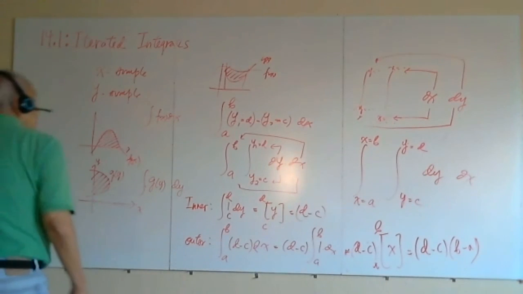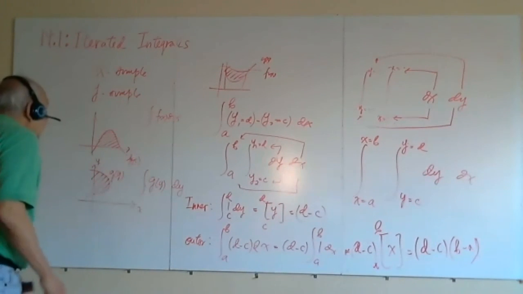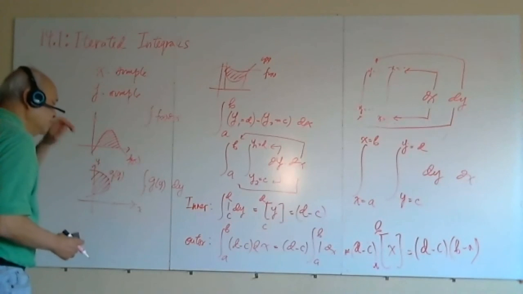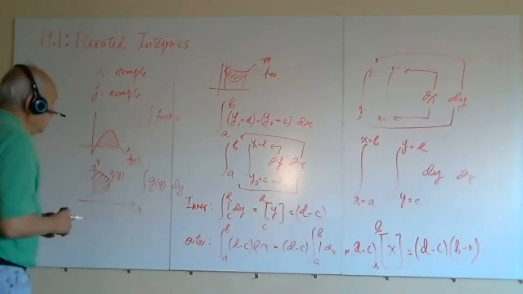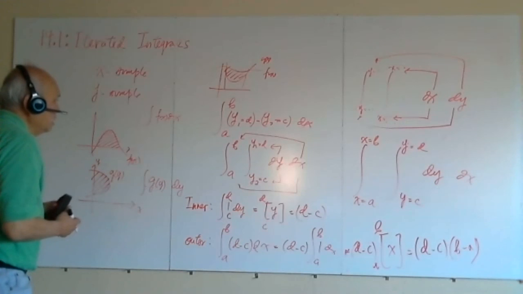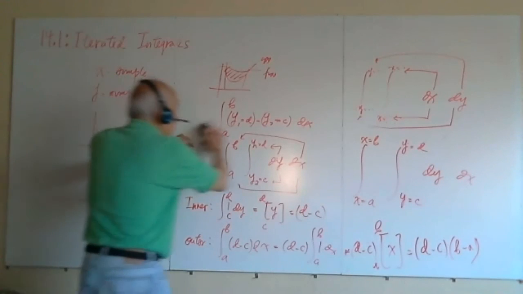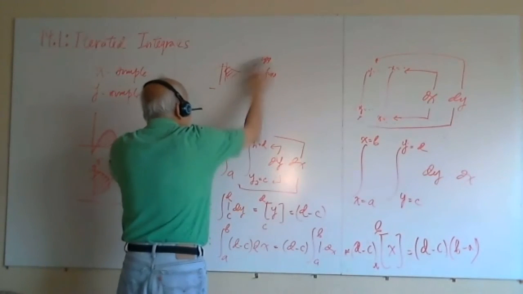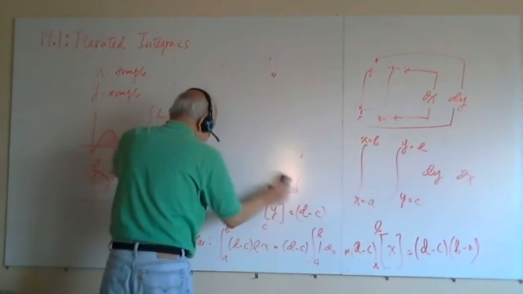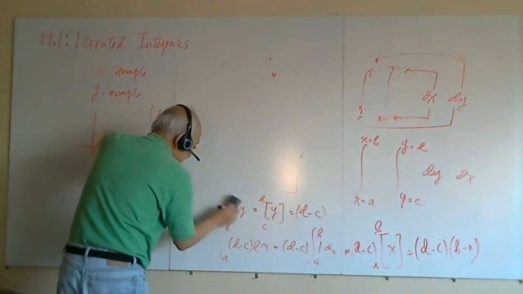But in some situations, the graph is actually both. You can do Y simple, you can do X simple, they are the same thing. Let me give you an example.